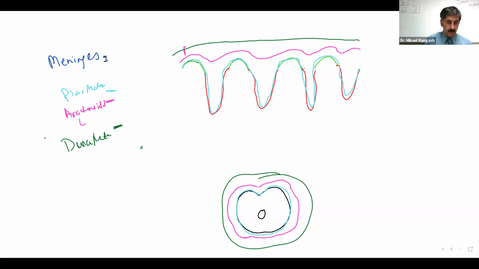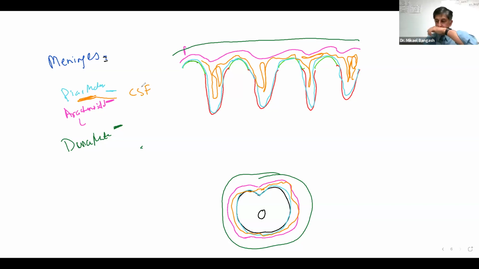Now, guys, what we also know was that in between the pia mater and your arachnoidal layer was it that we had the fluid called the CSF or the cerebrospinal fluid. Or if you find this, we drew our meninges and said, well, this was the outer layer, the dura mater.